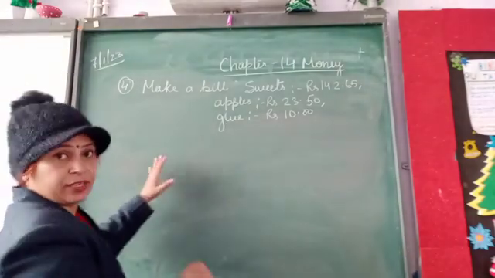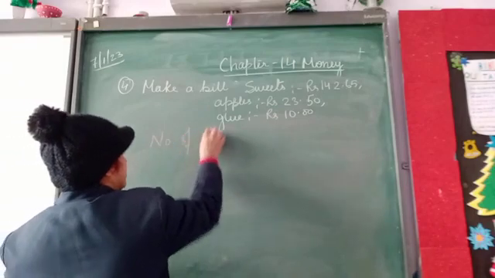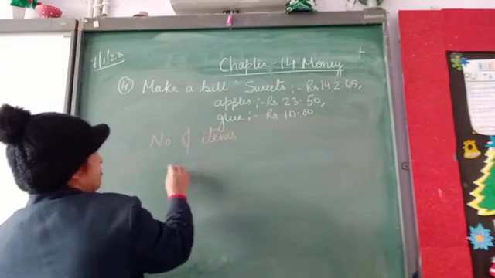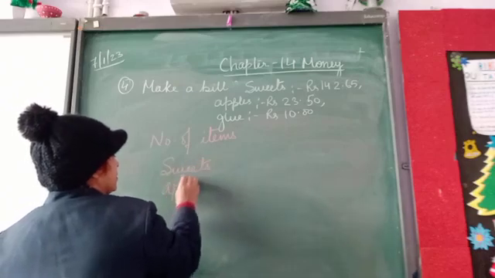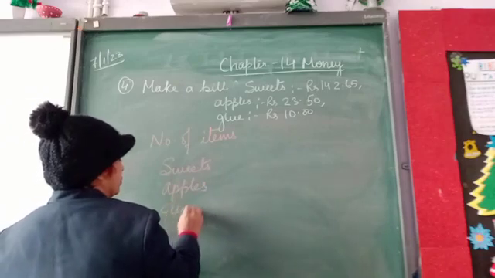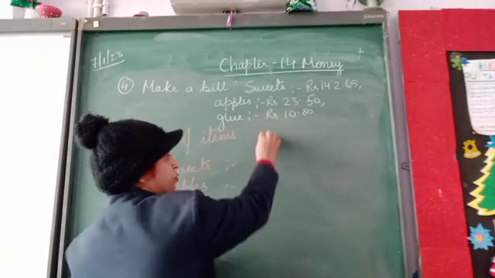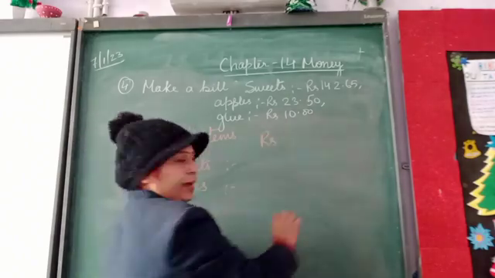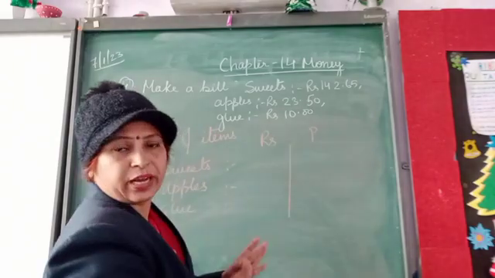So first you write the number of items you purchased. First sweets, apples, then glue. Now make the rupees column separately and the paisa column separately. It will be easy for you to do the calculation.